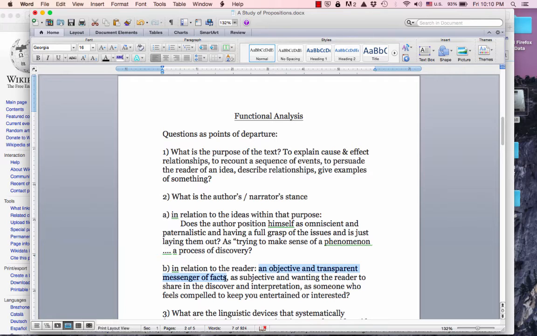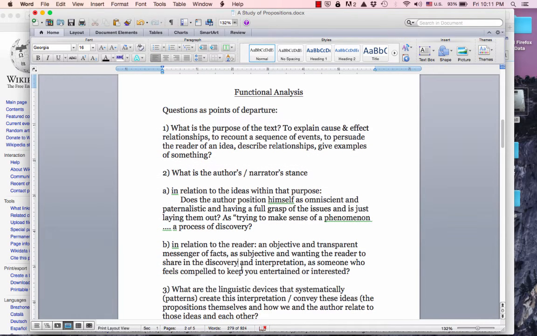Well, we've come a long way in the presentation of history concepts to recognize that there is an interpretation of history. And so things are not as subjective or objective as we would once believe historically. But still, the authorial voice, how is that author presenting him or herself to the reader? Is the author presenting him or herself as subjective and wanting the reader to share in the discovery and the interpretation?